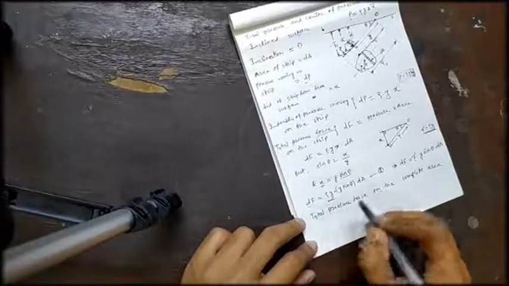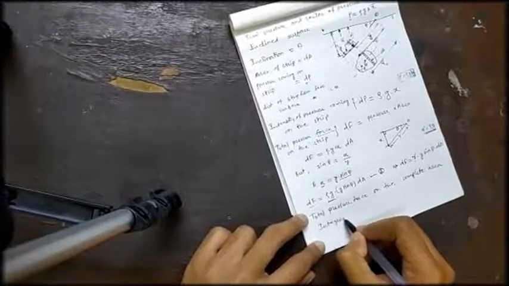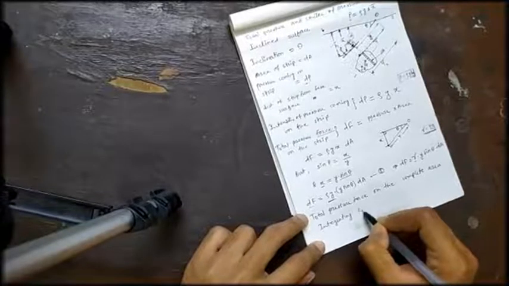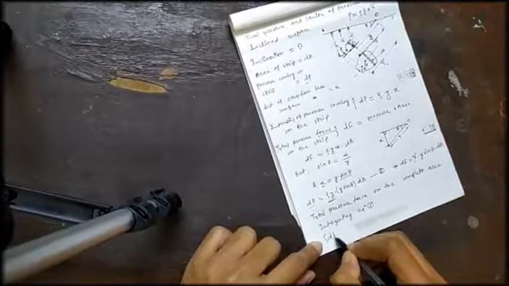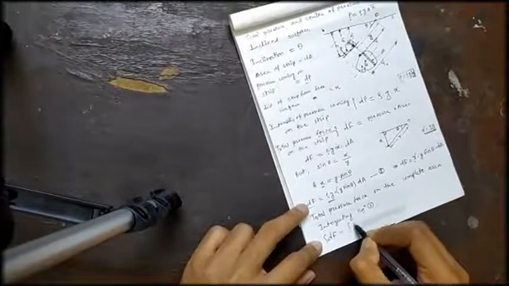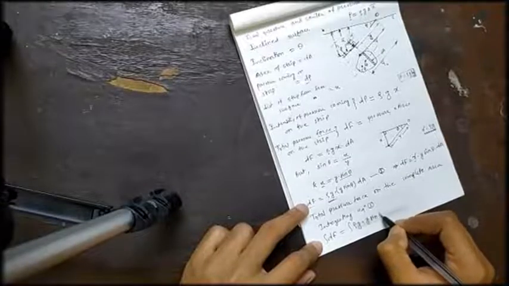Integrating equation number 1, we get integration of dF is equal to integration of rho g into y sine of theta into dA. Correct.